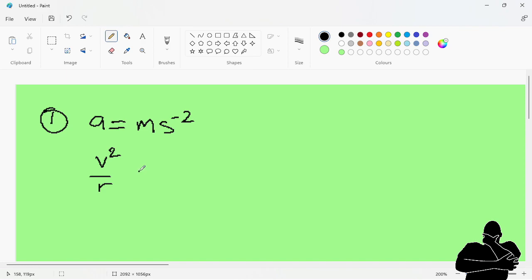What would be the units for this equation here? Well, velocity has units of meters per second, and it's squared, so we're going to have to square this portion up here. Radius is going to be a distance, so it's going to have the units of meters.